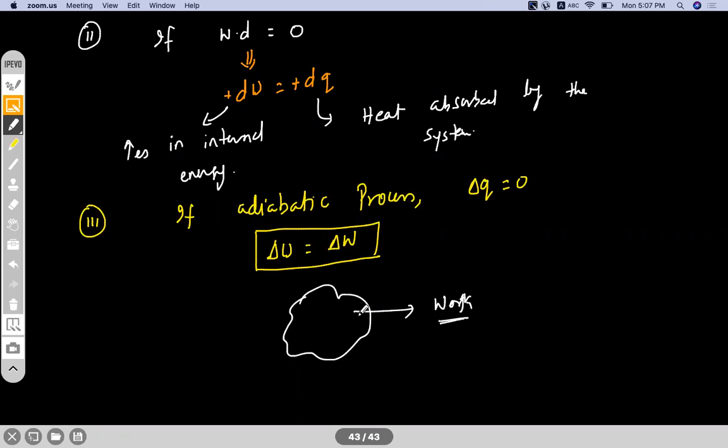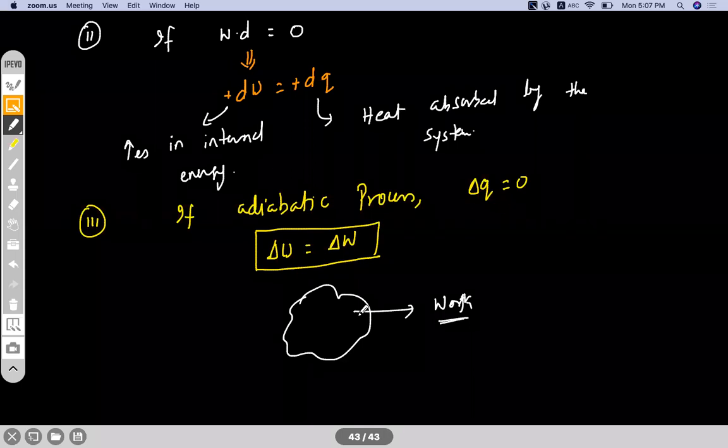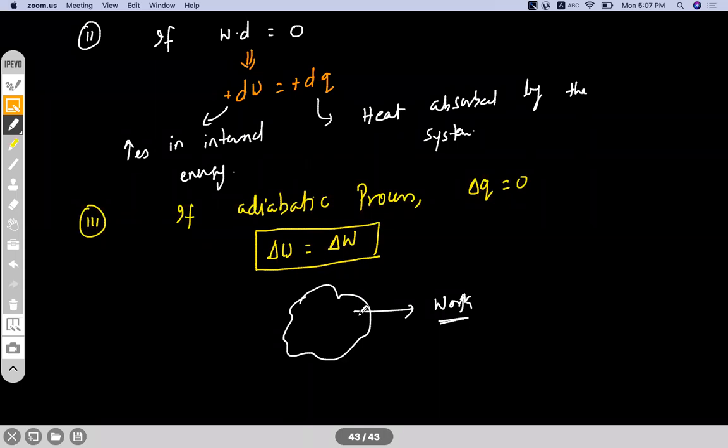Is it fine? So all these different conditions, you can think of whether internal energy decreases or increases accordingly. Understood? Clear?